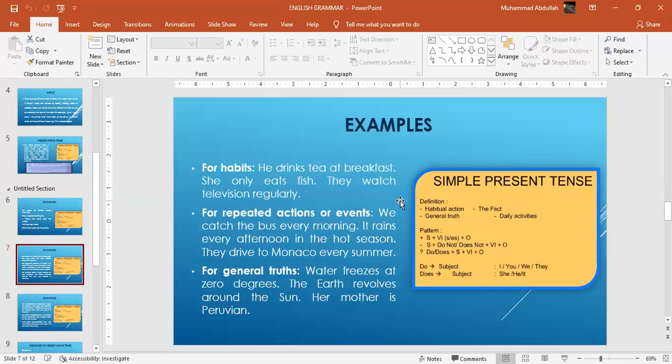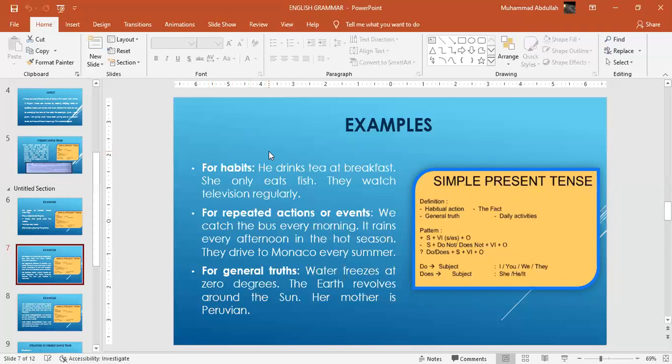For habits: he drinks tea at breakfast. It is his habit, so we use the S form with the subject he: drinks tea. Right? Subject, verb, object. At breakfast is an adverb of time. And again, she only eats fish. She is the subject, eats is the S form of verb, and fish is the object.